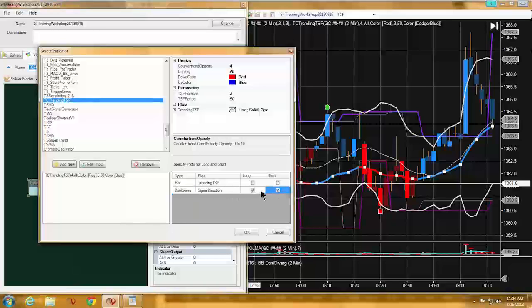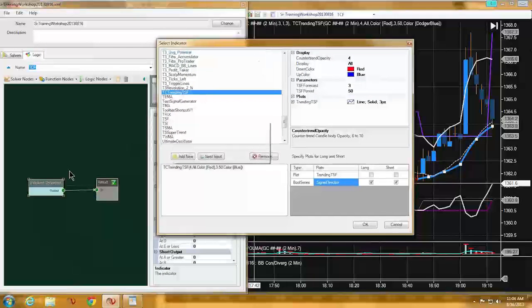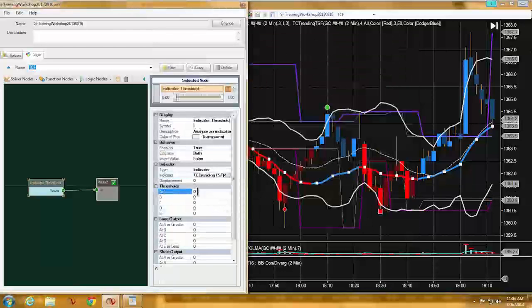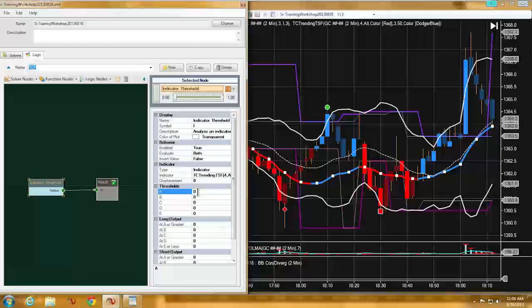With the threshold solver here, we can use that to access this bool series. Bool series, like I said, is true or false. So a true is converted to a 1. A 1 would be true in binary, and 0 would be false, so we'd be looking for a threshold of 1 or 0.